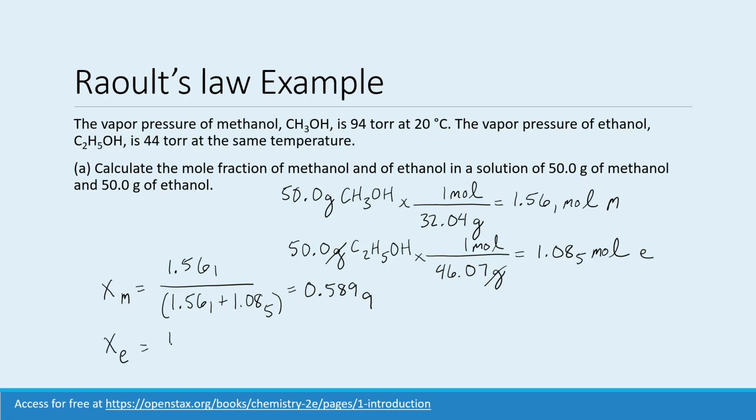And then we do the mole fraction of ethanol, that's 1.085 divided by that same total amount of moles that we had from the first calculation, right? So that's coming from here. And that will give us 0.4101 for the mole fraction.